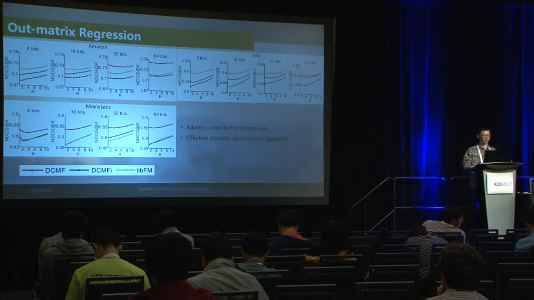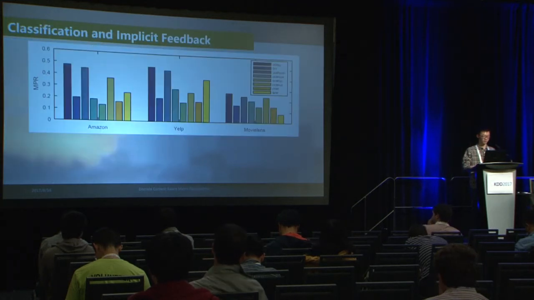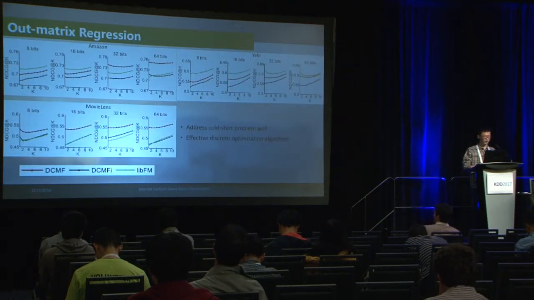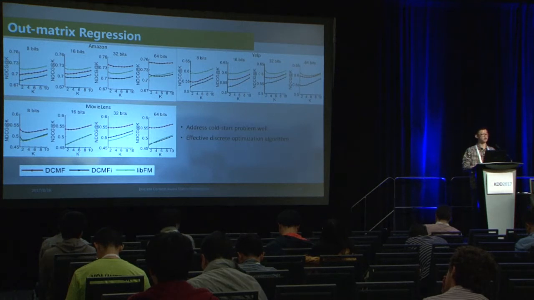So we can see it can help address the cold-start problem well. Also, again, comparing the red line with the black line, we can see the effectiveness of the mixed integer optimization algorithm.